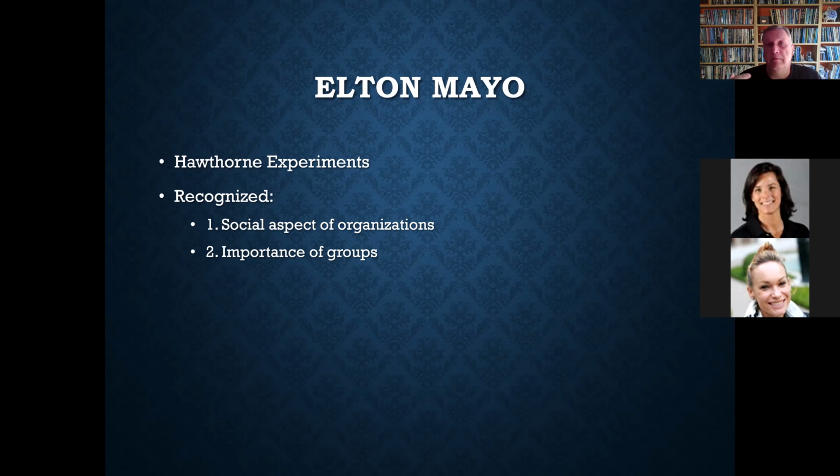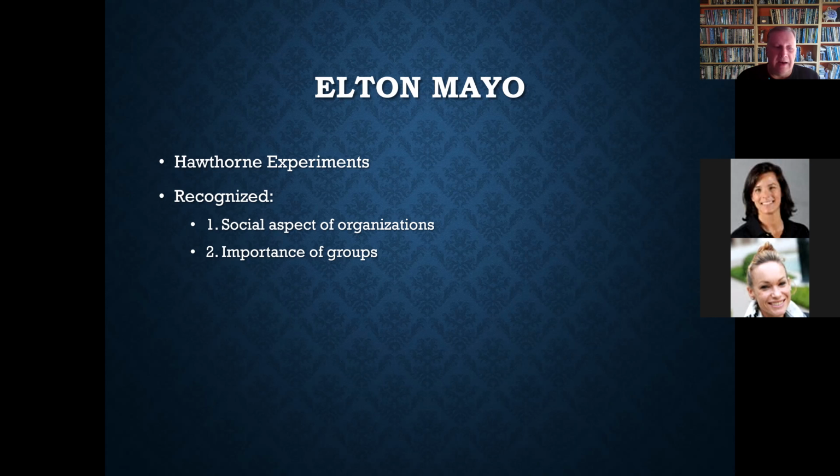The second important thing that came out of the Hawthorne experiment was the recognition of the importance of informal groups. So what Mayo and his colleagues would do is they would set up groups of employees and they would monitor the performance of those groups.